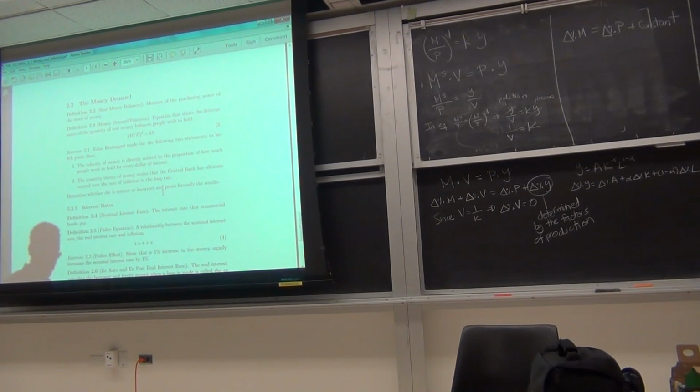Because the growth rate of production is determined by something outside of my model right now. It's determined by the growth rate of capital, labor, and technology, right? That is the classical view of the money market. An increase in the growth rate of the money supply generates inflation, one to one.